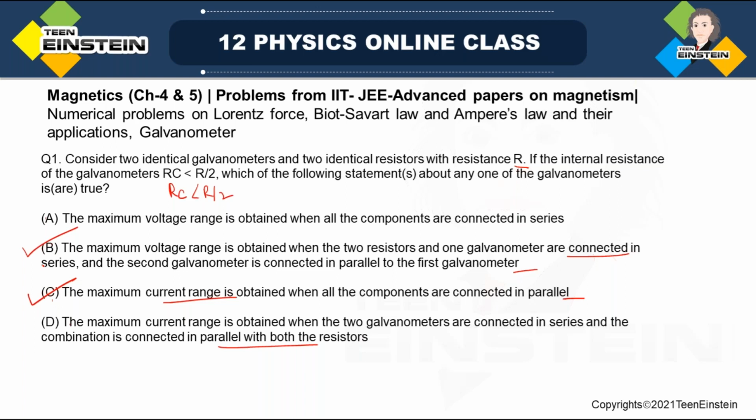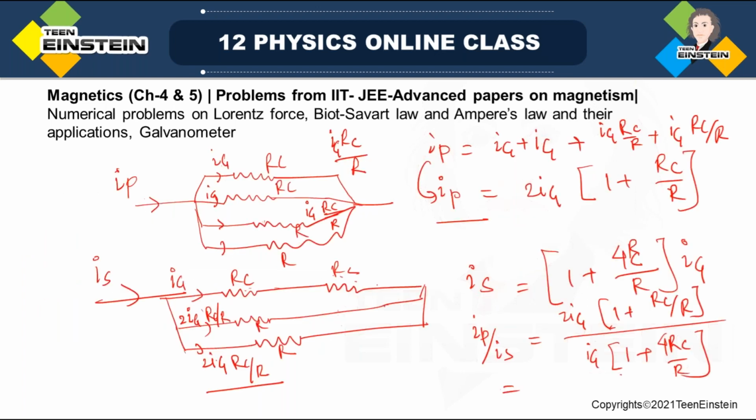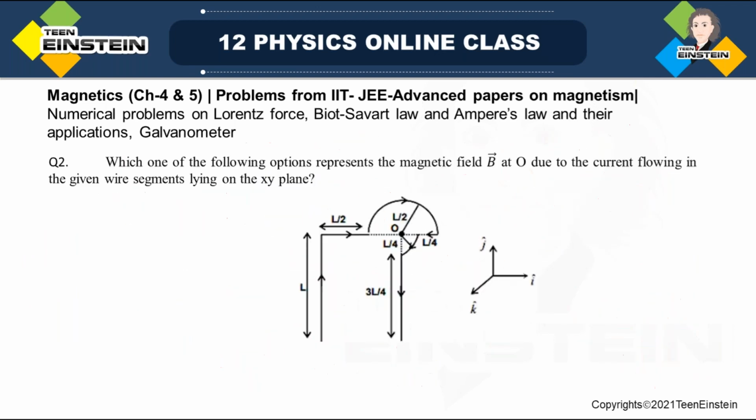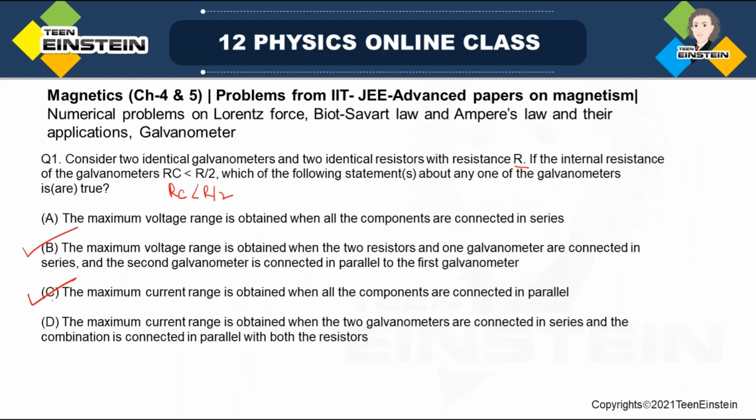So actually you will be confused to read many answers from available sources, but these are very authentic answers because we have already solved like from the basics. Okay, so these are correct answers, or correct options for this galvanometer.